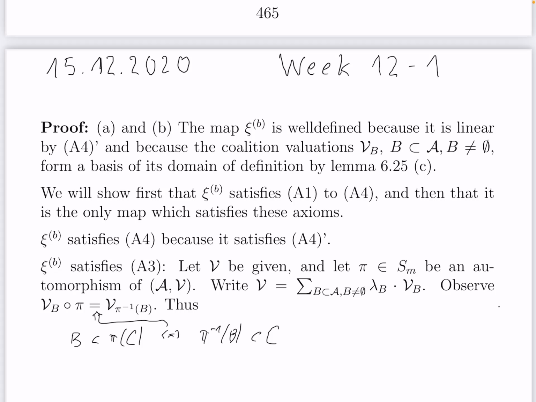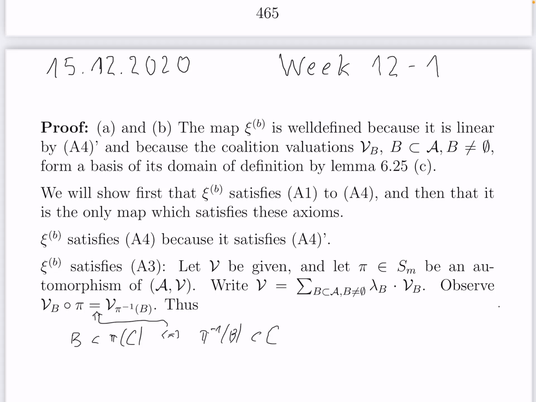These two statements prove the parts A and B. So let's start. The map xi upper B satisfies the axiom A4 because it satisfies axiom A4 prime. A4 was additivity and A4 prime is stronger, it's linearity. So this is clear. Linearity implies additivity.